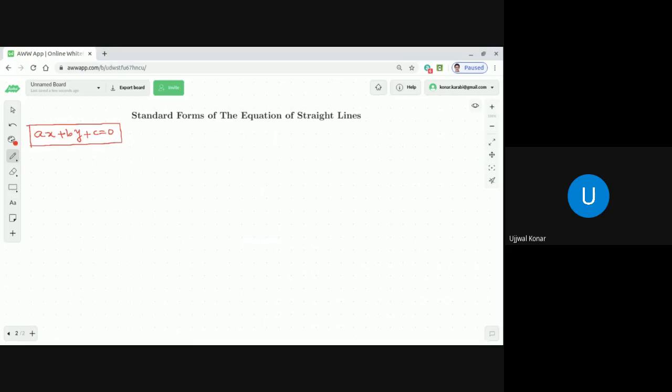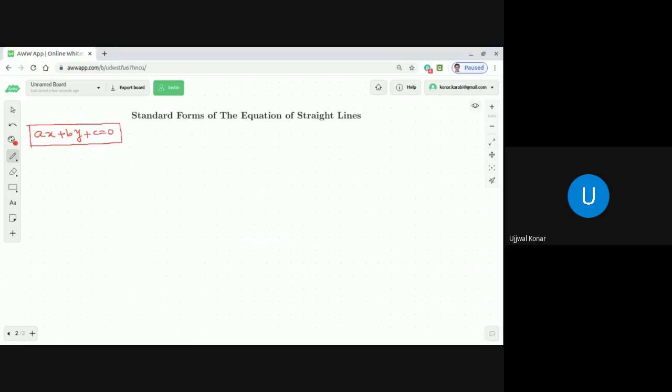What does it mean? It means indirectly that to construct a straight line, we need two pieces of information. With only one piece of information, we cannot construct a straight line uniquely.